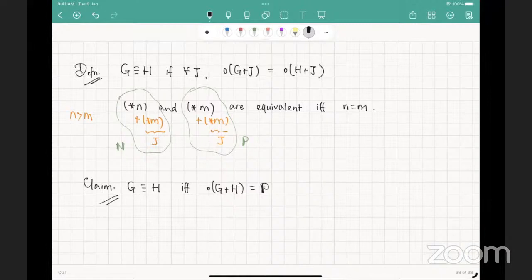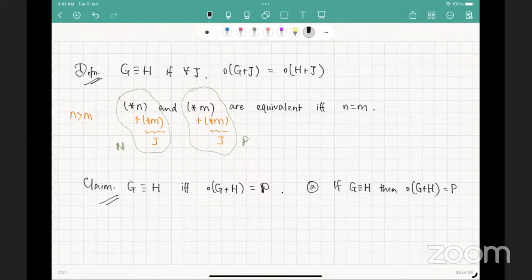And again, one of these directions is easy. Let me break this down into two parts. So let's say first, we try to show that if G and H are equivalent, then G plus H is P. But we've seen that when G and H are equivalent, then G and H have the same type.